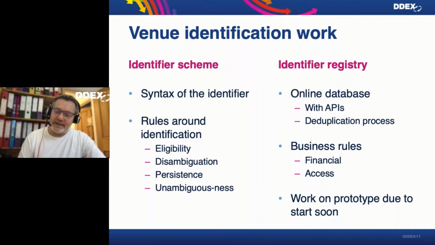But more critically, it's establishing rules and guidance around certain core aspects that any identification scheme needs. What venue is eligible, which ones is not eligible. We've already talked you through a number of different types of venues that we certainly think are eligible. And we also said that some places aren't eligible. So somebody's home stereo equipment isn't eligible.